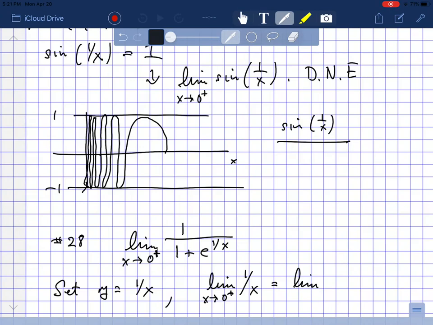Then as x goes to 0 from the right, we know that y is going to go to plus infinity because y is equal to 1 over x. X is positive. It's going to 0 from the right-hand side. And so I have that this limit is equal to plus infinity.